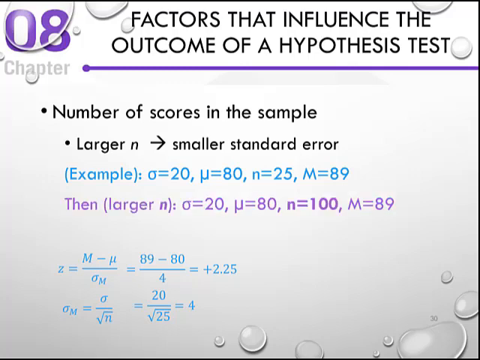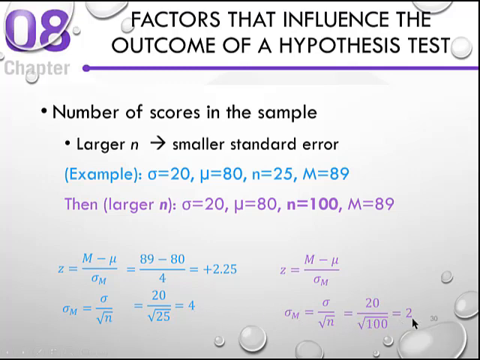So what if we increase only the number of people? Everything stays the same, but now instead of 25 people, we have 100 people, right? Doing the math over again, because now the standard error of the mean in the denominator has the square root of n, this is how this is influenced, right? So this is a lot larger now, which means that we come up with a standard error of 2, right?